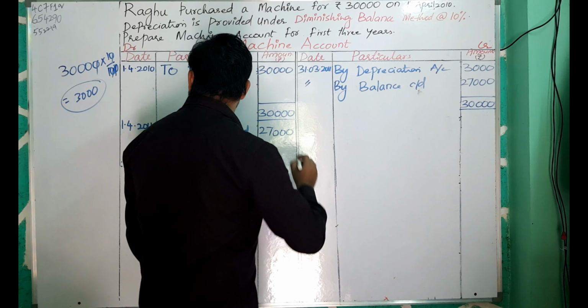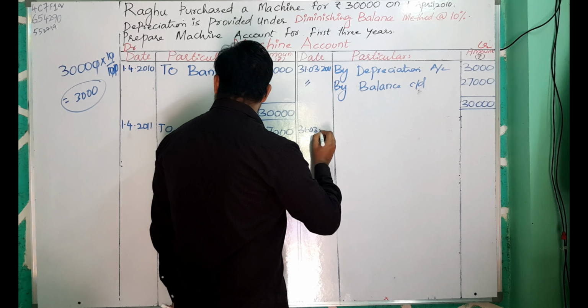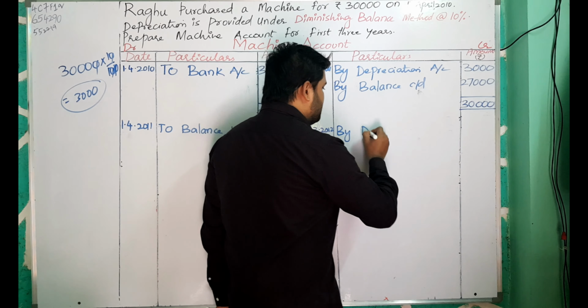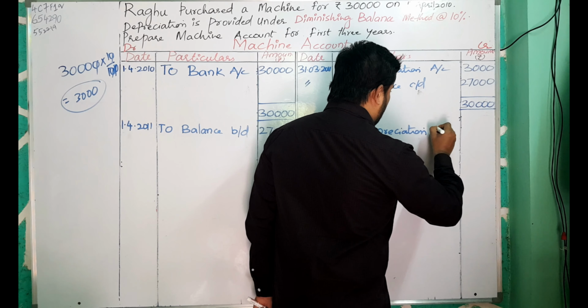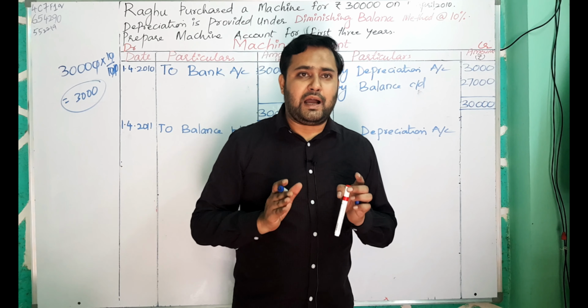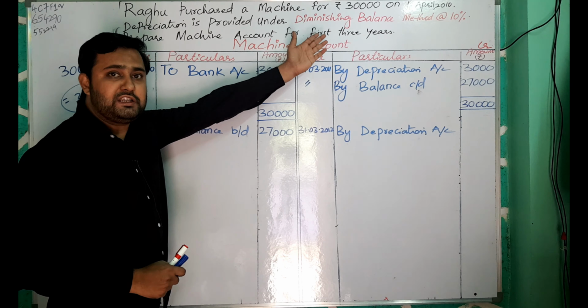Next year ended 31st March 2012, by depreciation account. How much would it be? Why is the amount 2,700? I will tell you. Because we are following diminishing balance method.